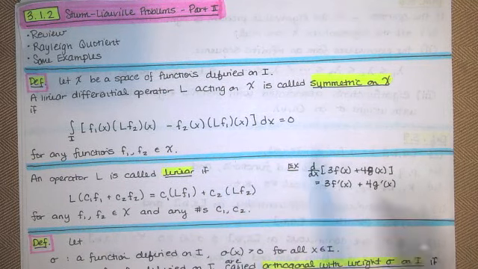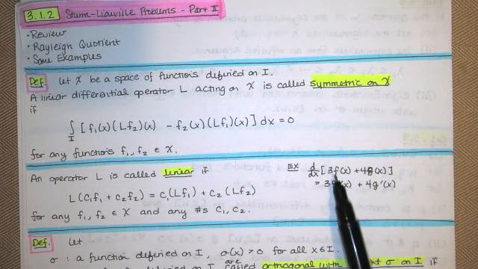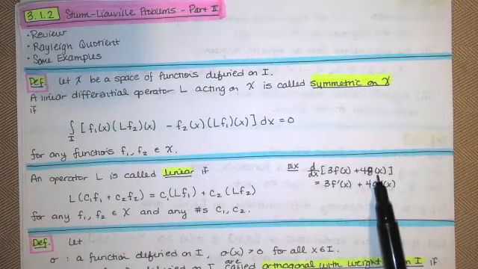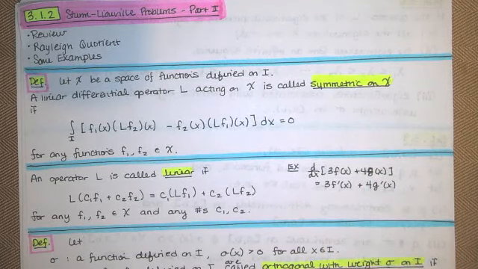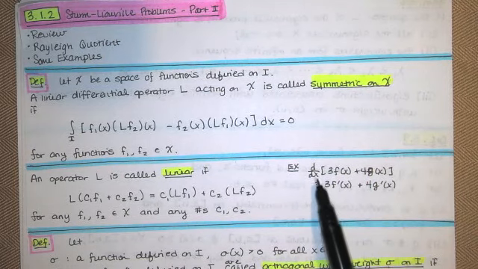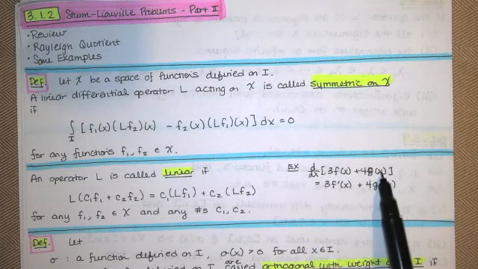So for example, the first derivative operator, this d dx here, that is a linear operator, because if I take the derivative of 3 times f of x plus 4 times g of x, we all know from calculus 1 that that's just 3 times f prime plus 4 times g prime. And that is just this constant times the operator applied to the first function plus this constant times the operator applied to the second function.